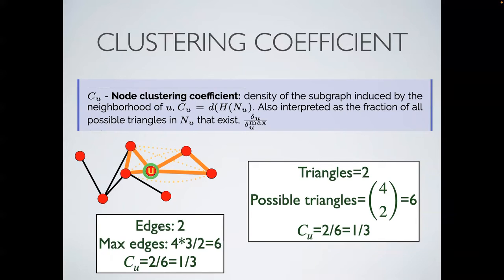Another way to count that is to say that among the neighbors of U, there are 2 edges, and the maximum number of edges between them is 6. So it's actually computing the same thing, but in 2 different interpretations. And again, we have a clustering coefficient of 1/3.